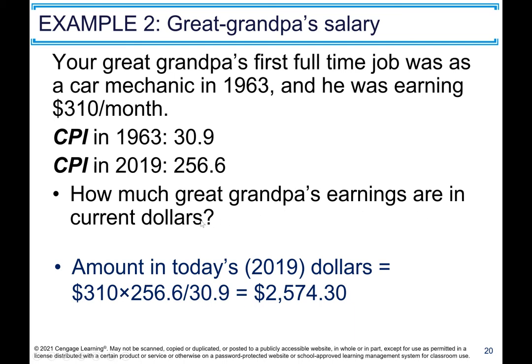You use the formula: amount in today's 2019 dollars is equal to 310, the amount in 1963, multiplied by the price index today, 256.6, divided by the price index in 1963, 30.9. And so $310 in 1963 is equivalent to $2,574.3 today.